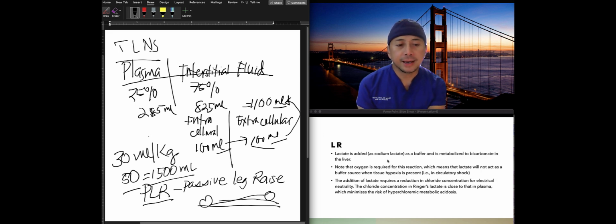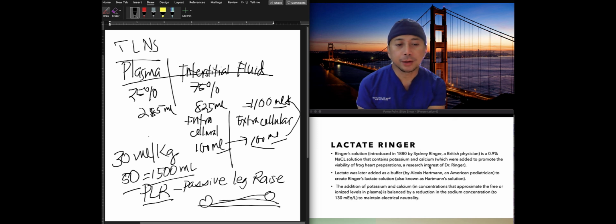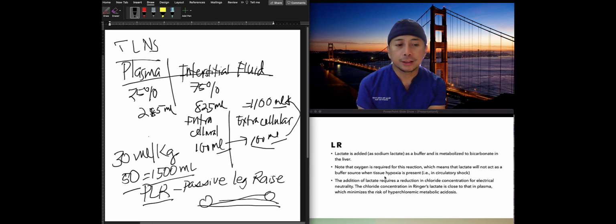So LR has, as I told you, potassium and calcium, and it's used as a buffer, and it is metabolized to bicarbonate in the liver. However, I remembered that I will not use LR for my patients who are probably in shock states, like distributive shock or circulatory shock, because it says here, note that oxygen is required for this reaction. To become a buffer, you need to have a very good oxygen level.